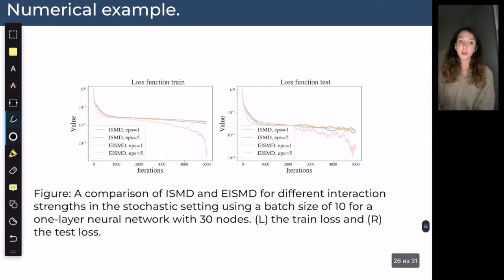Let's look at one numerical example to show that it is actually true what I was saying, which is that the regular interacting stochastic mirror descent is not able to converge because we're left with this gradient term which we don't really know how to bound.